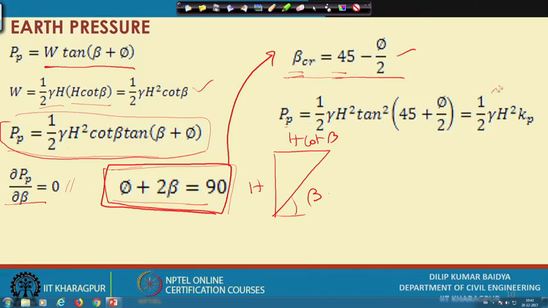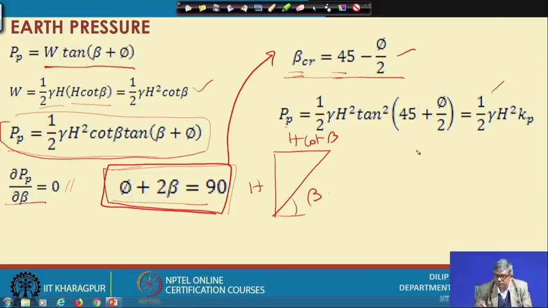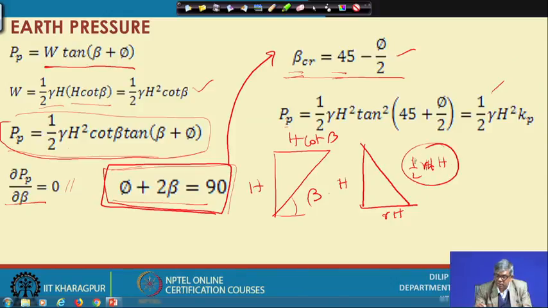Pp equal to this, and so you can see that Pp equal to half gamma. Similarly, if I draw the pressure diagram, this is H, and this is gamma H. So half gamma H into H is the thrust if I do not do anything, but this is multiplied with a factor called Kp.